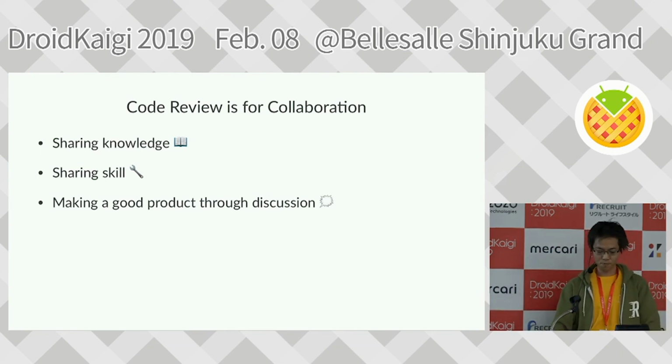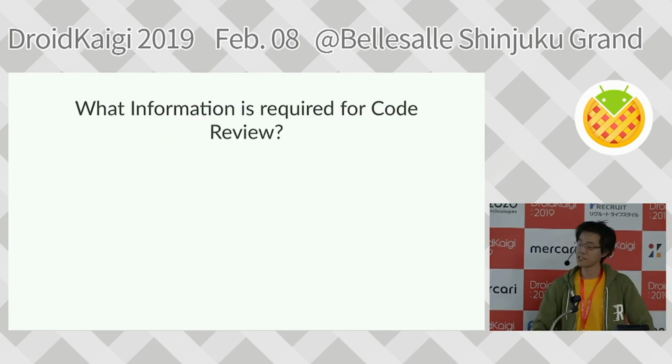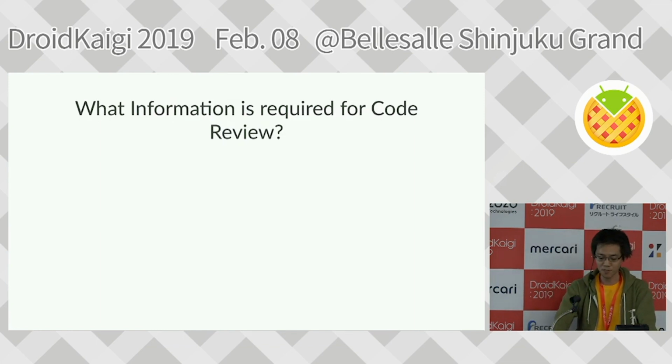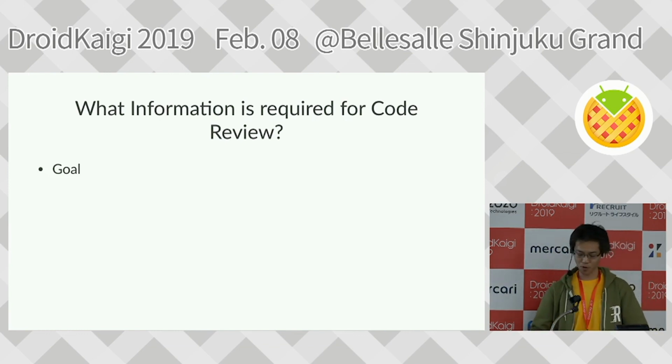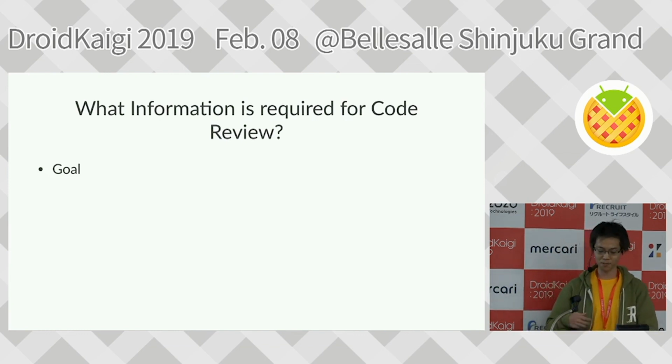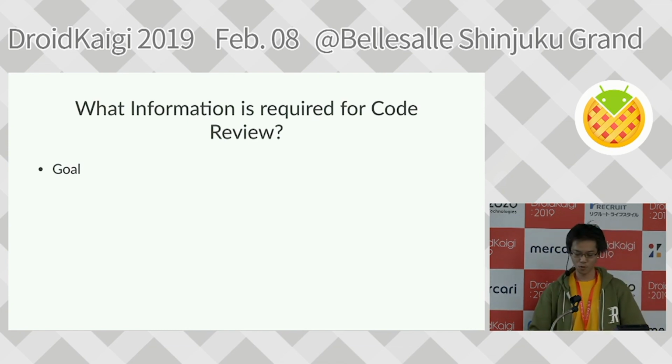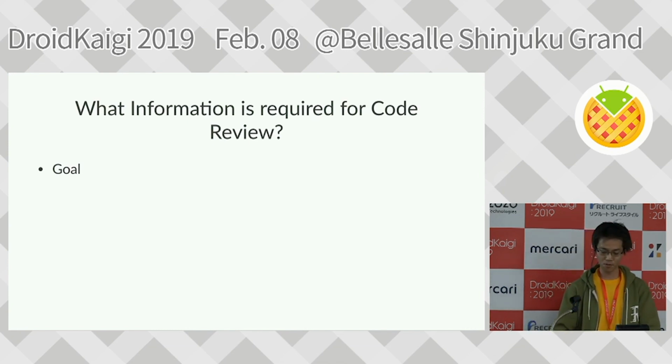Okay, so to go on this journey, you need some information. So I'm listing up some information you need to do code review. First of all, the goal is most important. What is the problem the project is trying to solve? For what do we have to change our code?